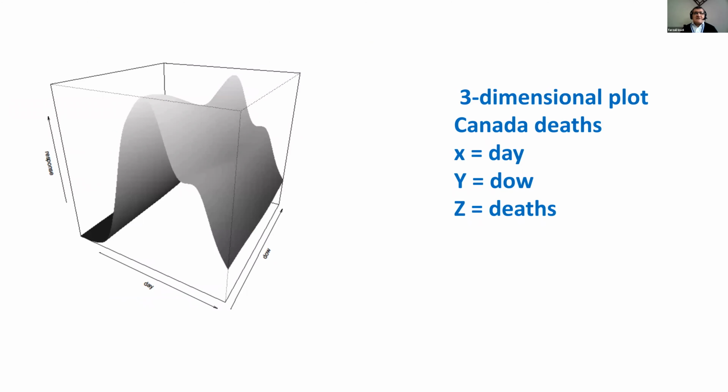We have this three-dimensional plot for the base data. The x-axis is day of the month, y is day of the week, and z is deaths. We can see that for whole Canada there is a little saddle point in the middle.